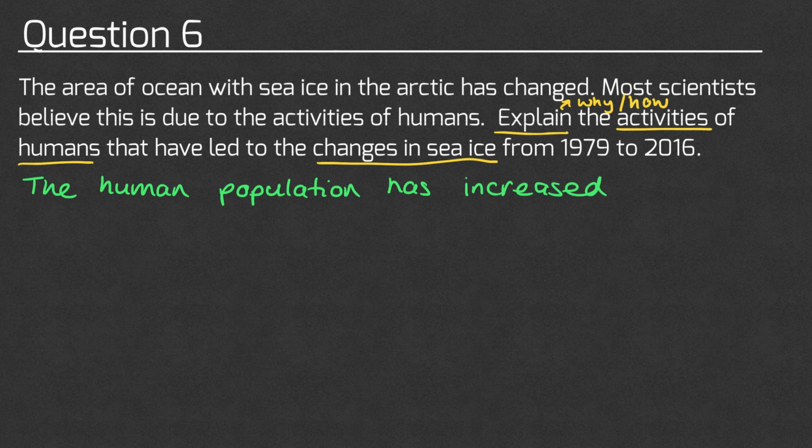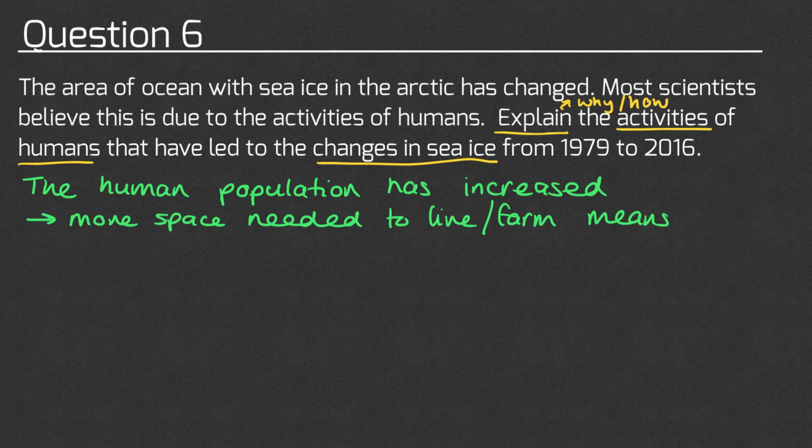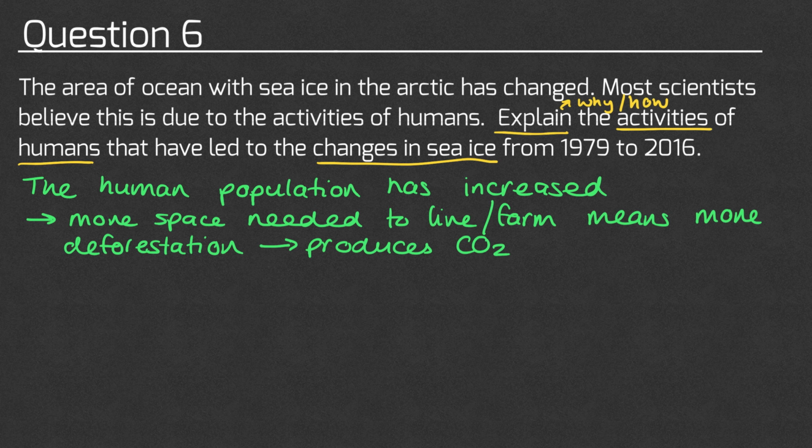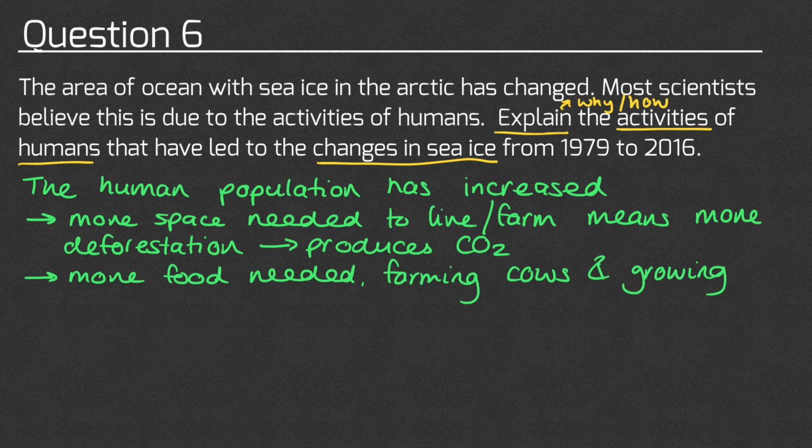So we'll start off at the root cause of that change, and that's that the human population has increased. We need more space to live and farm, and that means more deforestation, which will produce carbon dioxide. More food is needed, so farming cows and growing rice, that releases methane.